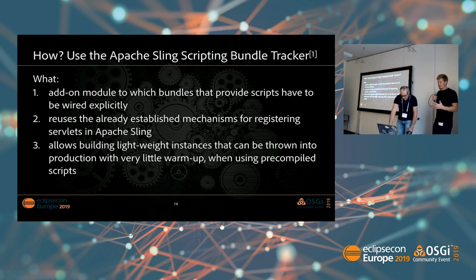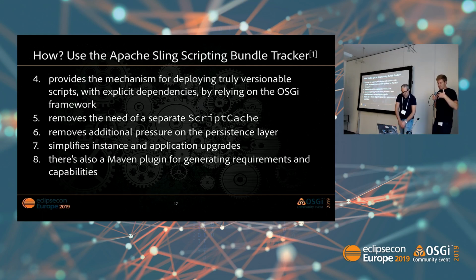Which then is nice because we can create instances of Sling with wired up bundles that are checked, that they have the resource types they want in the right versions, that are checked for, that they have all the Java level dependencies for import packages and stuff like that they need for running as precompiled scripts.